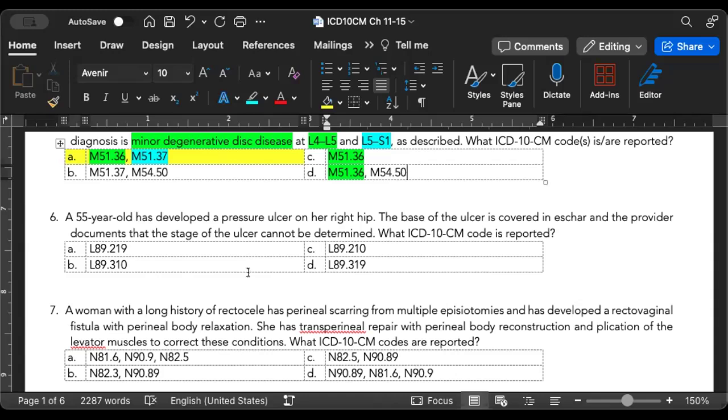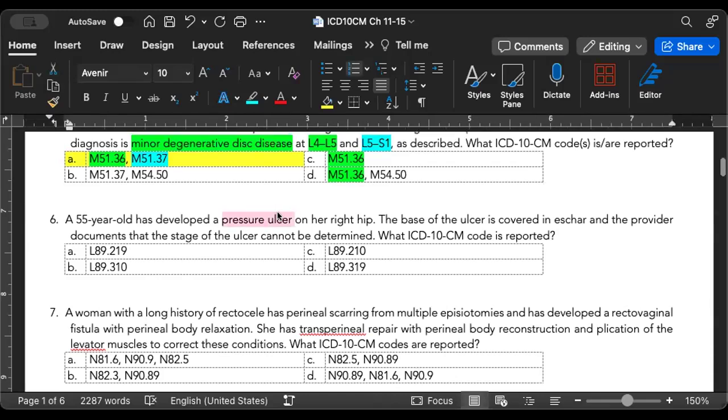It is a pressure ulcer, so we'll go down to pressure. And then our anatomic location is right hip, so we'll go to hip. And that gives us L89.2.